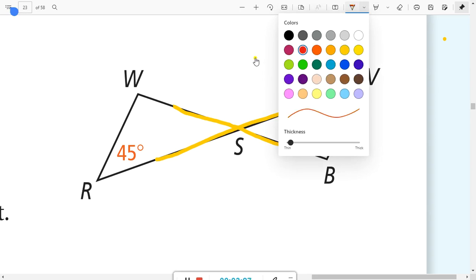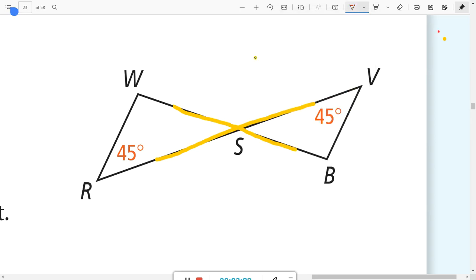All right, so when you see the X shape, those are vertical angles, and vertical angles are congruent, the ones across from each other. All right, so I am going to mark this angle here congruent to this angle here.